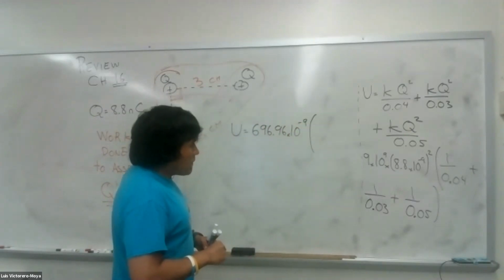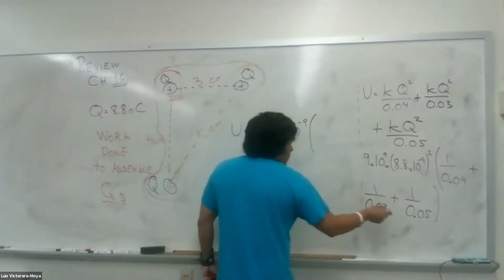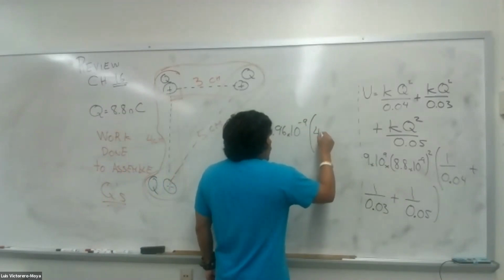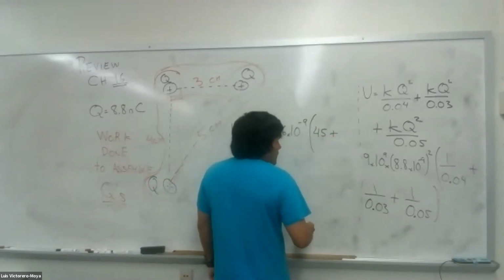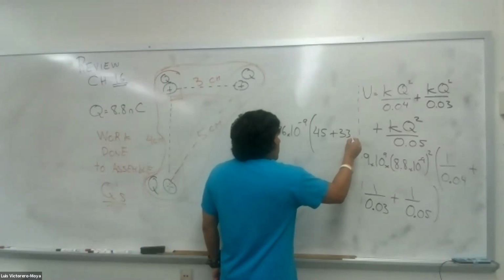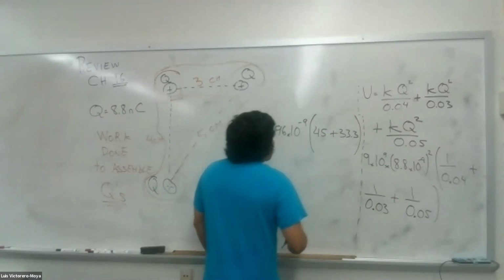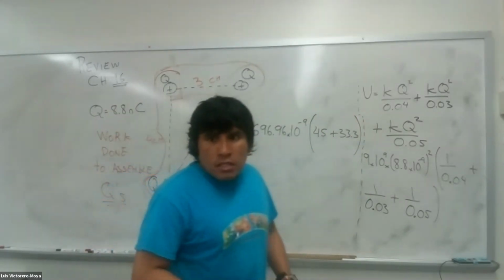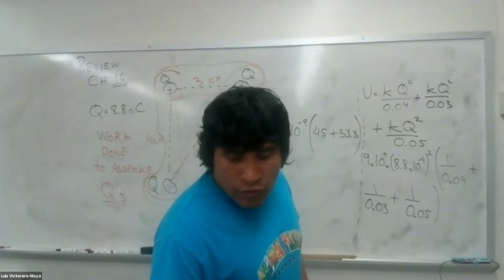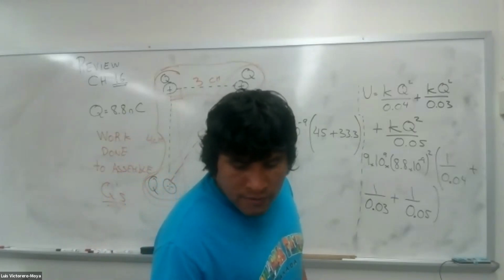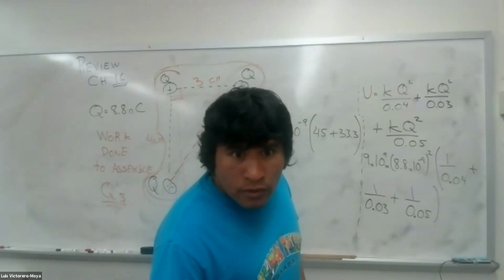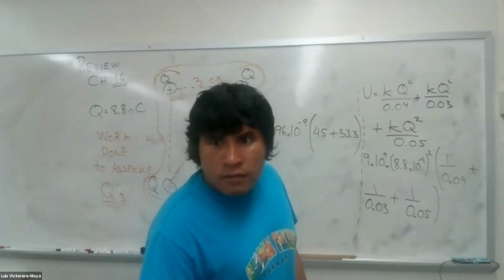The first one is 25, 20, so 45 plus 33.3. So now, if I do that, 33.3 plus 45 plus 696.96.